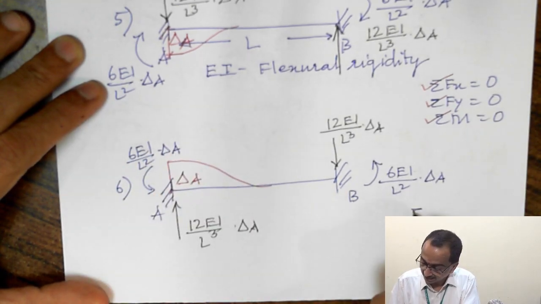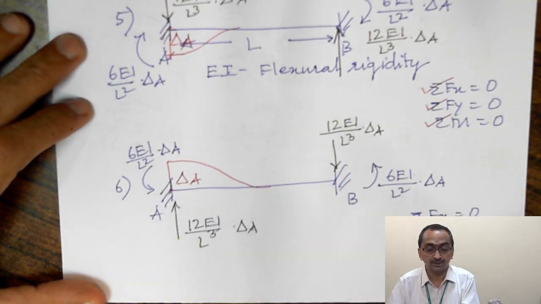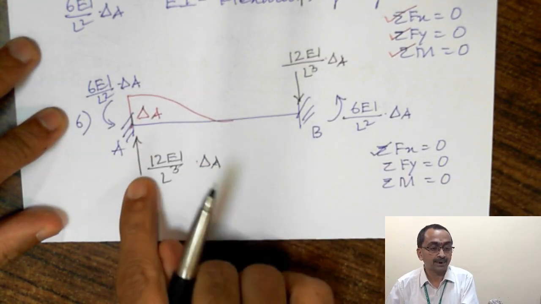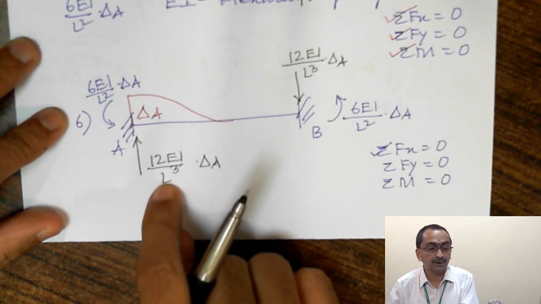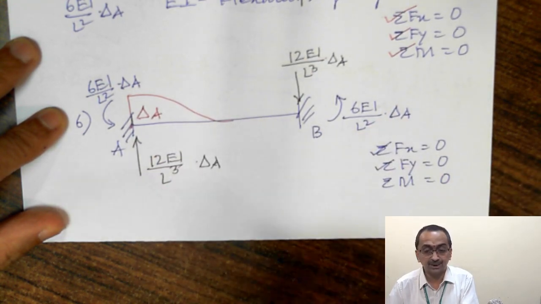Now let us check whether this structure satisfies all the conditions of static equilibrium. Yes, summation of Fx, summation of Fy and summation of M. There is no x, so summation of Fx is satisfied naturally. Summation of Fy: 12EI/L³ upwards, 12EI/L³ downwards, so summation of Fy in this structure is 0.